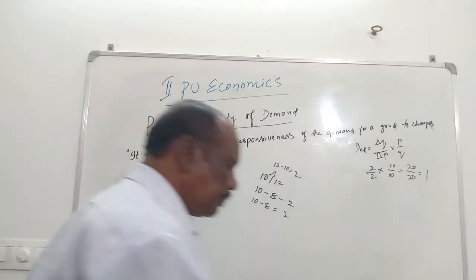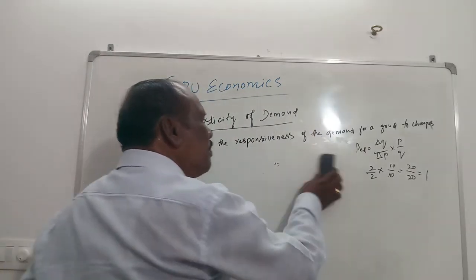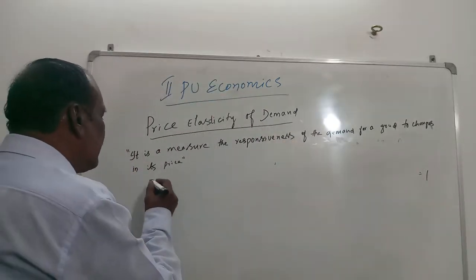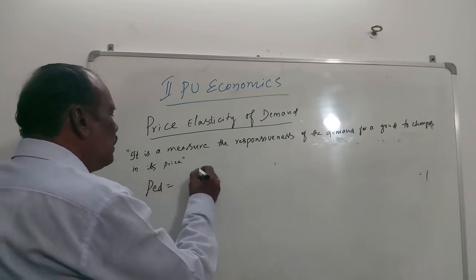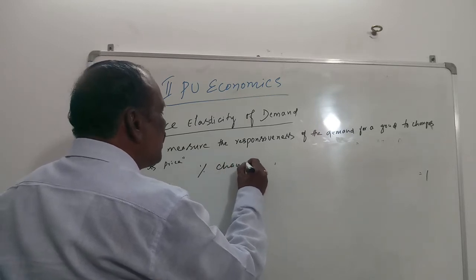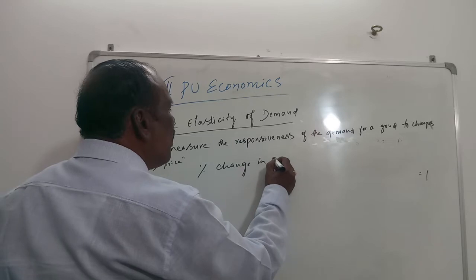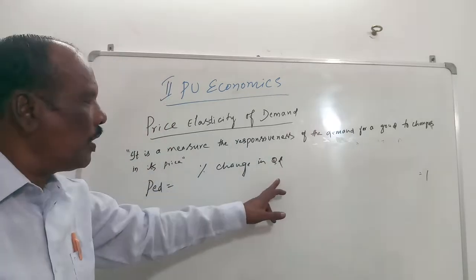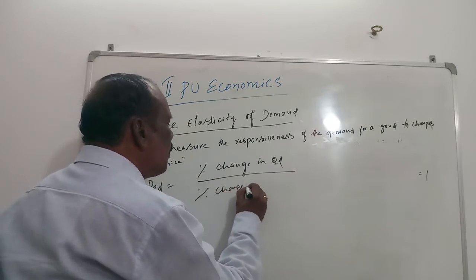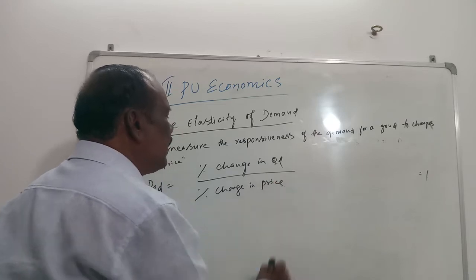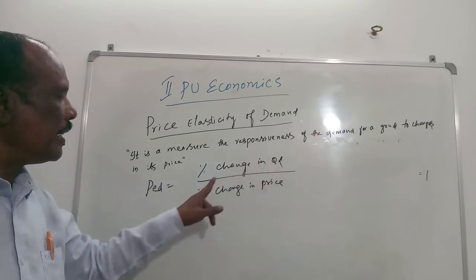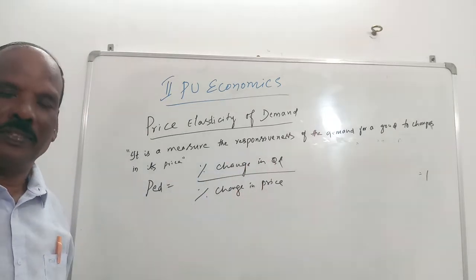That does mean the price elasticity of demand is measured in terms of percentage. In terms of percentage, you can write PED is equal to percentage change in quantity demanded divided by percentage change in price.